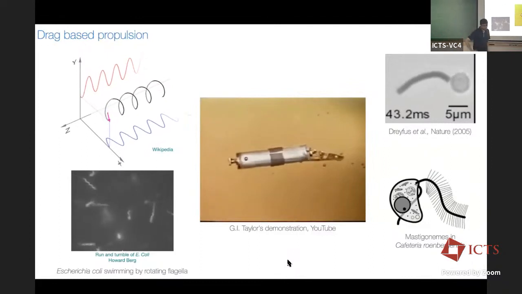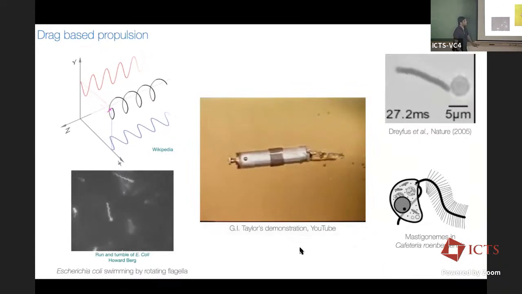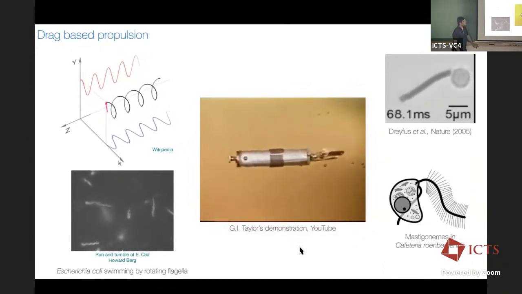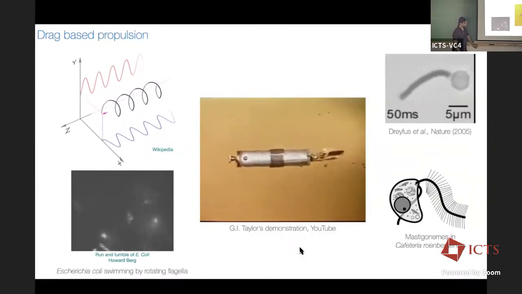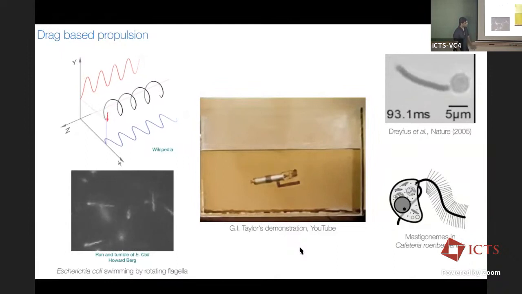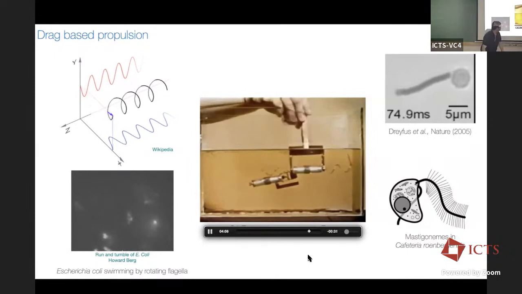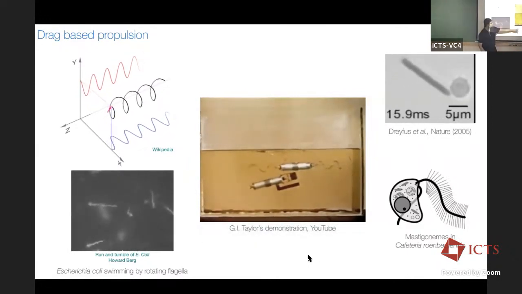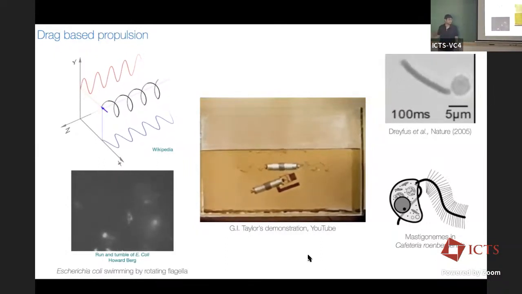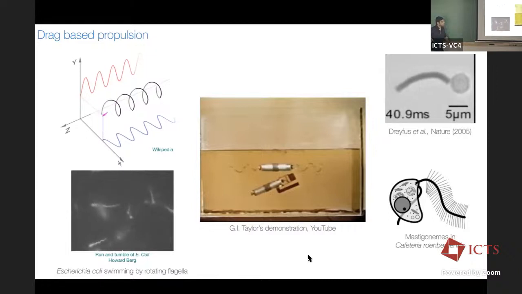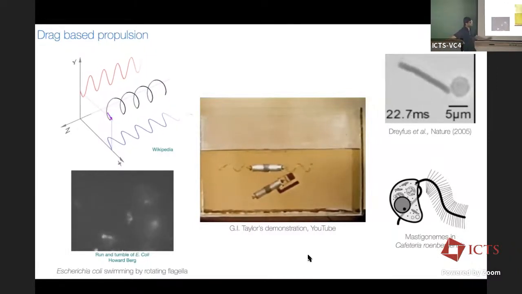Okay, then here's this very nice one, okay, it will come soon. Okay, so now there are two helices, they're all rotating, and exactly because you have drag anisotropy, which he also demonstrates by a falling rigid rod, doing the same problem that I did, this whole thing starts swimming.